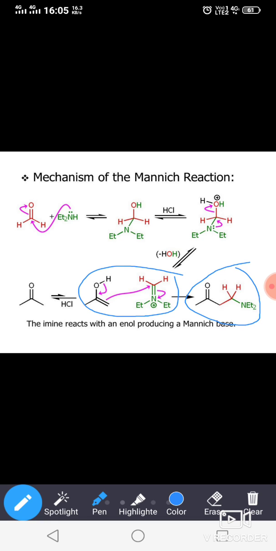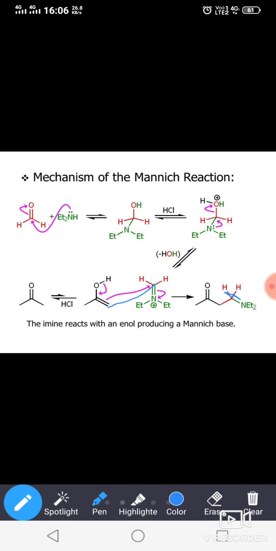Now this C double bond O is formed, this OH bond has been transferred, and this carbon has formed the bond with this carbon.